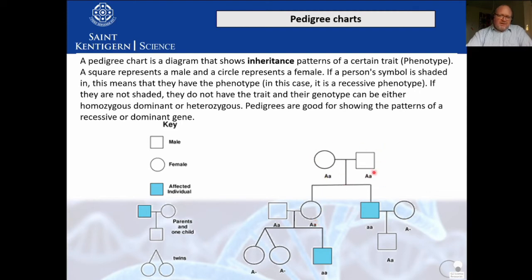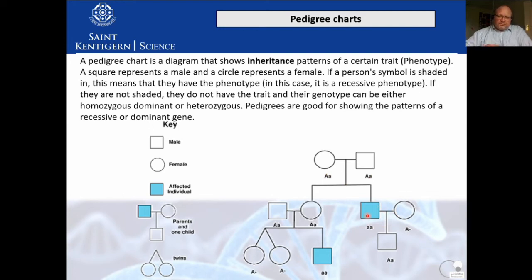Let's say this is for blue eyes, because it's bluish turquoise, this individual will not have that. This individual is going to have the dominant trait, which is going to be the brown eyes. But this individual over here is homozygous recessive because both mom and dad gave a little a.